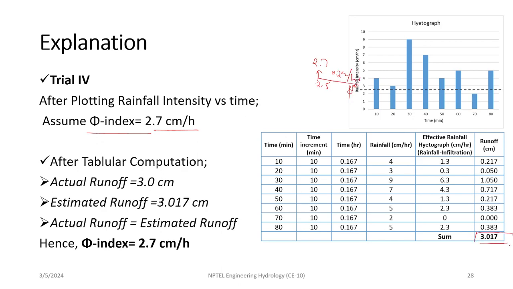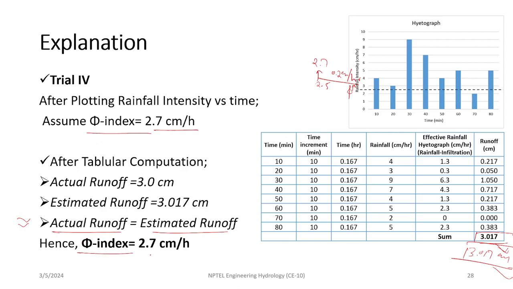We see that the runoff value we are getting is near our actual runoff, 3.017 centimeter. Any confusion? So now we are getting somewhat the exact value we were targeting while computing the estimated runoff. Got it?